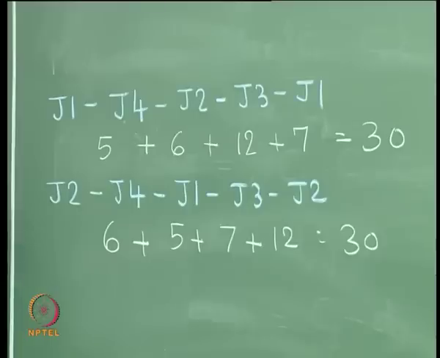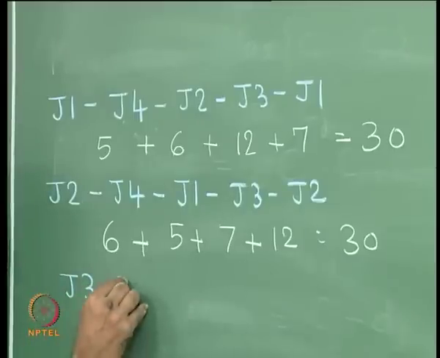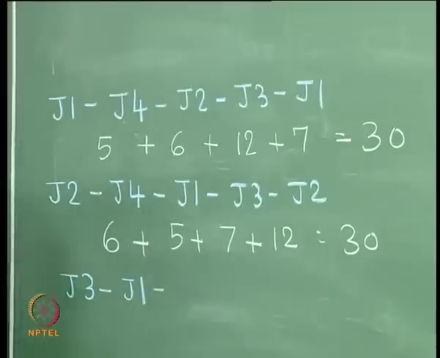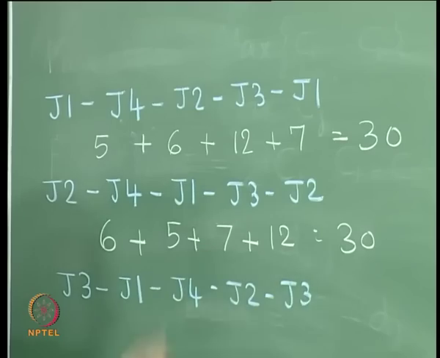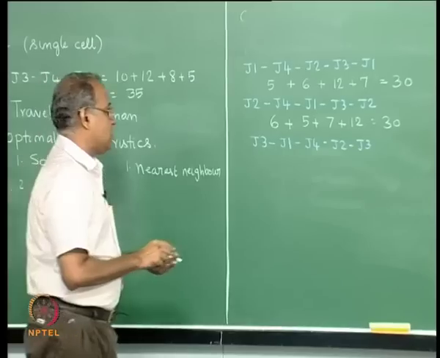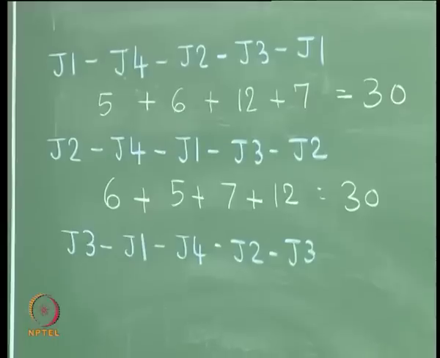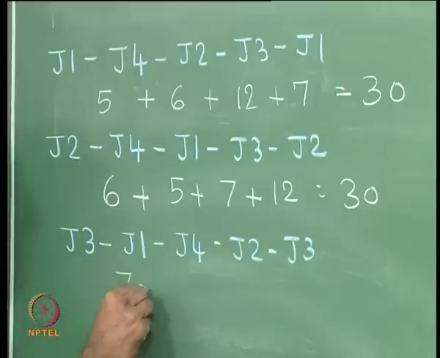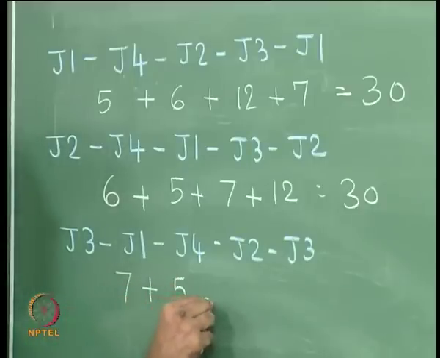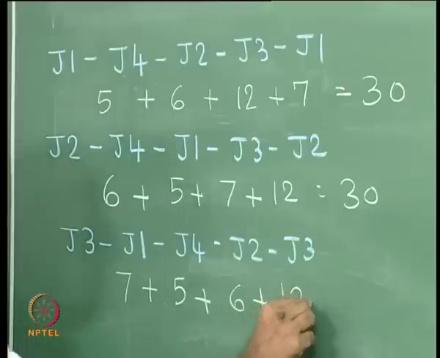So, if we start with J3 as the first one, from J3 the smallest is J1, and from J1 we will move to J4, then to J2, and then to J3. In this case the solution is: J3 to J1 is 7, J1 to J4 is 5, J4 to J2 is 6, J2 to J3 is 12.